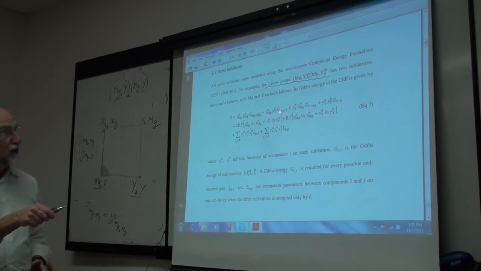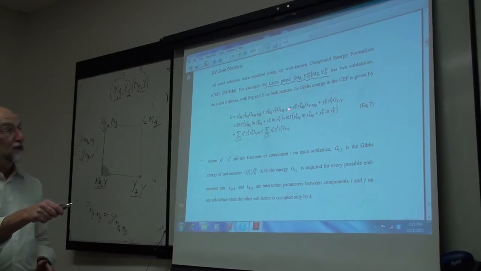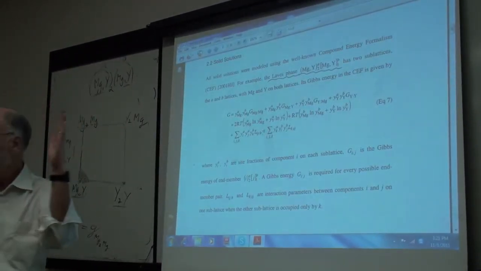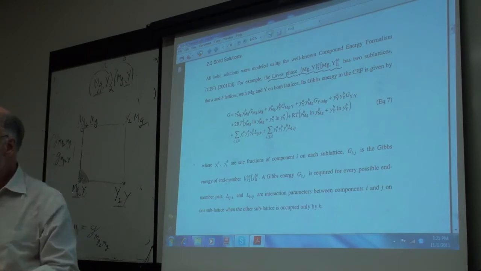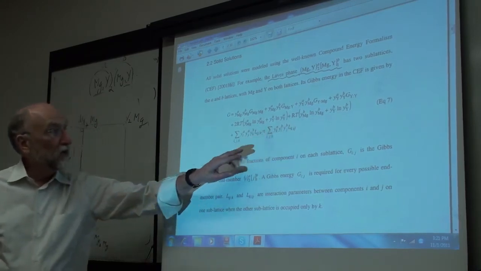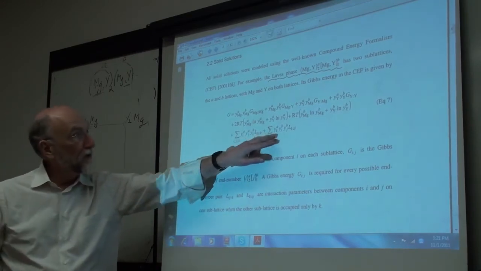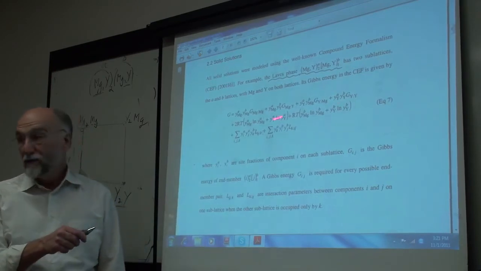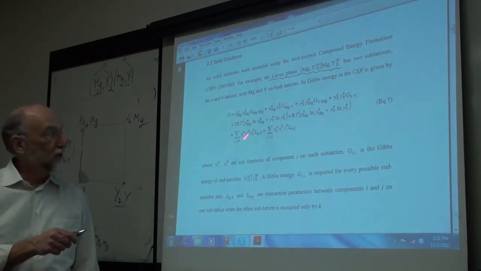This G naught MgY basically is the stability of that compound, and these two terms here tell you how wide the stoichiometry is going to be. Okay, and then these final binary parameters here, if you want to do some fine tuning, you can fiddle around with those as well, but usually they don't make an awful lot of difference. This is your main stuff up here. Okay, these are going to be really secondary.